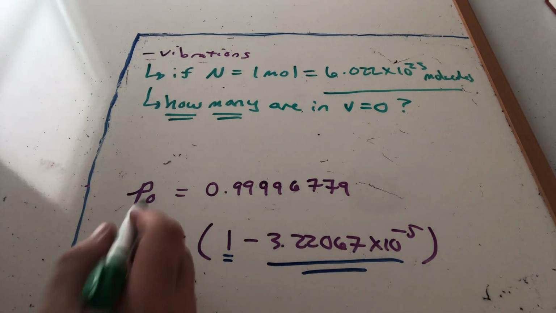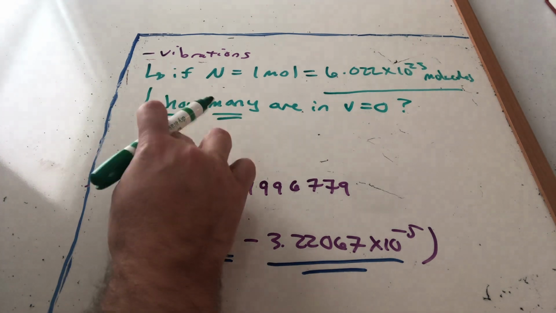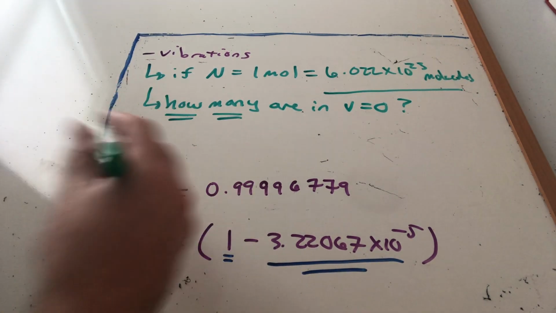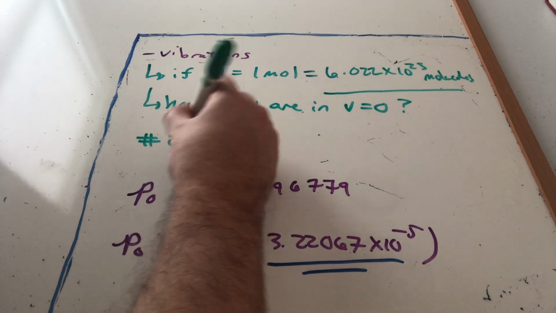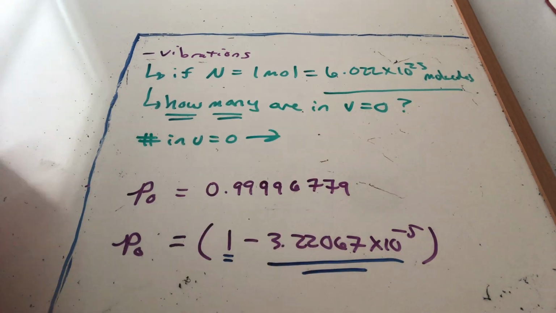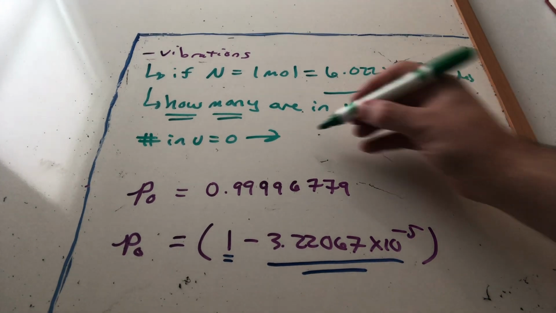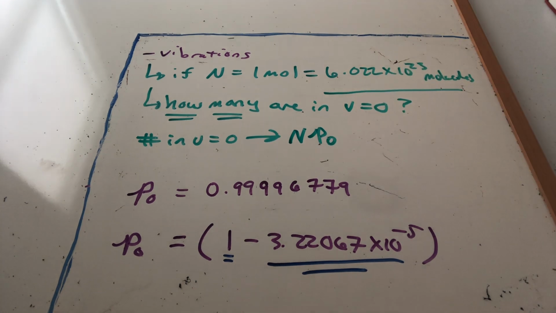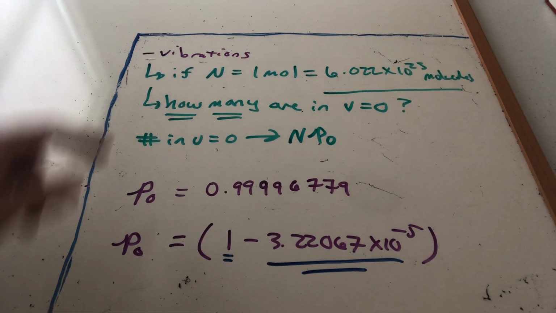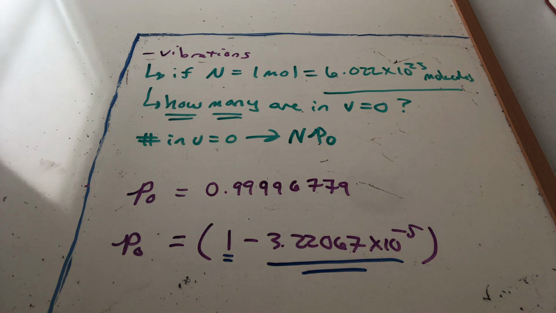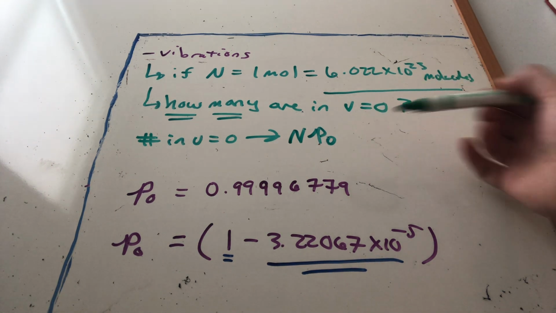So if you think about how populations or probability works, if I want to talk about the number in the V equals 0 state, then what I'm going to have to do is take my total and multiply it by the probability. So if I have a total of 1 mole, and I think about what this probability means, probability is always part over the whole.